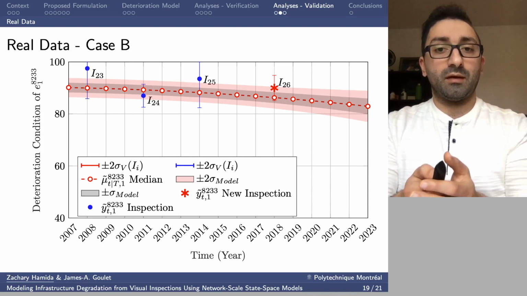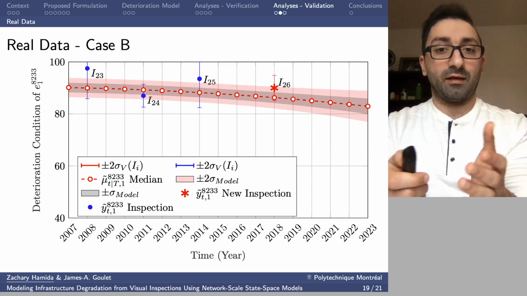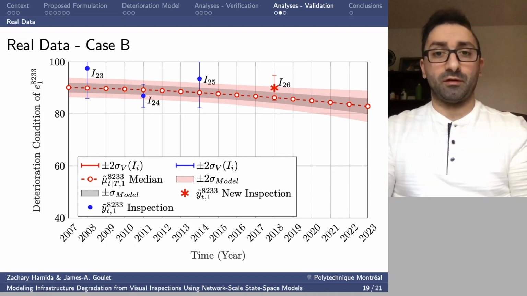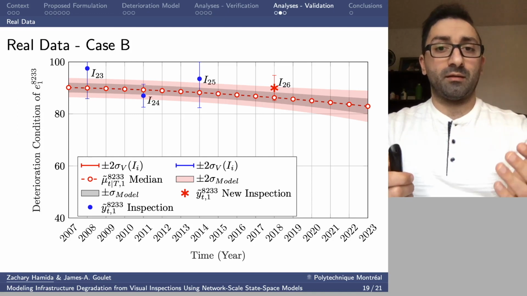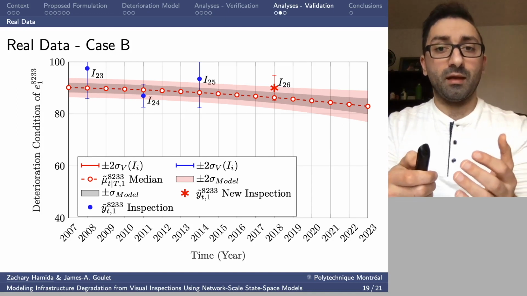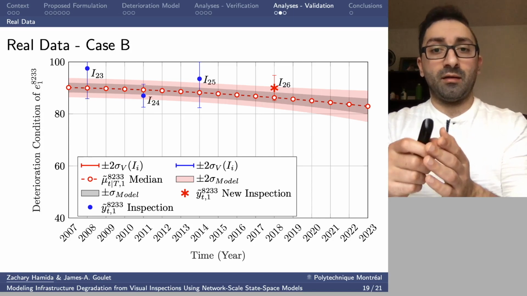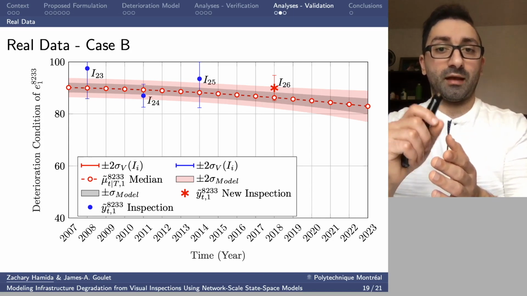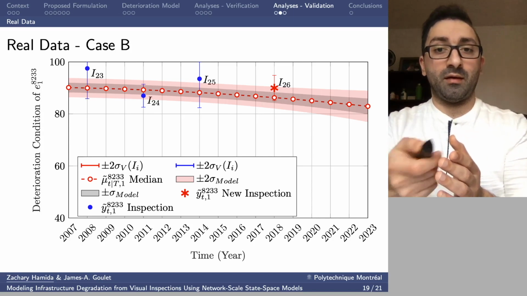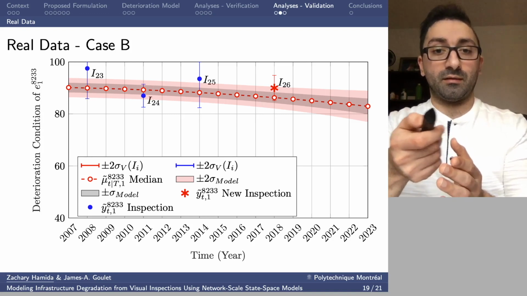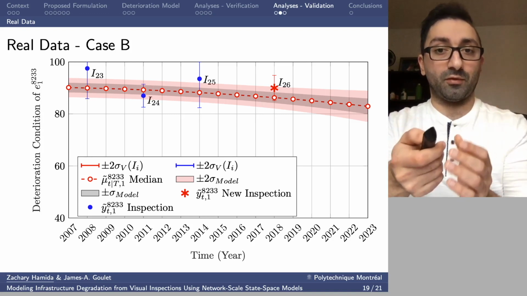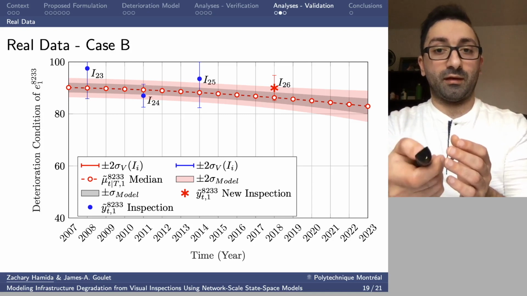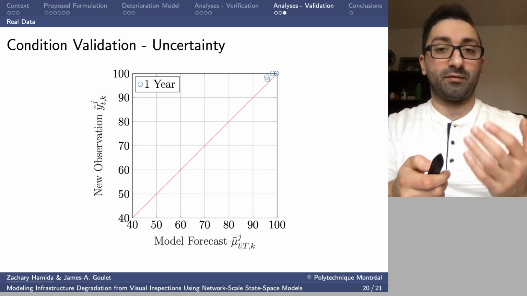So now if we want to examine a population of real structural elements, and we want to look at the forecast versus a hidden observation, the red asterisk, the new inspection point, versus the forecast, and see how they differ.